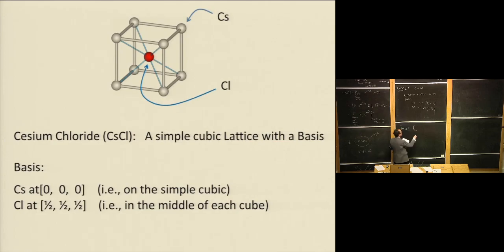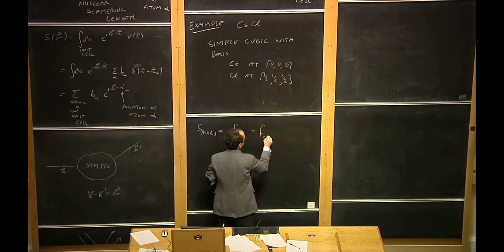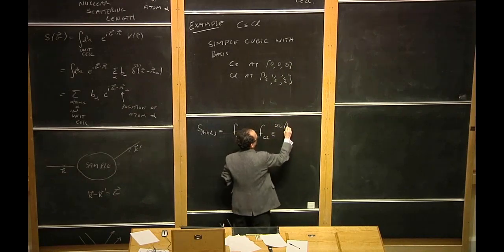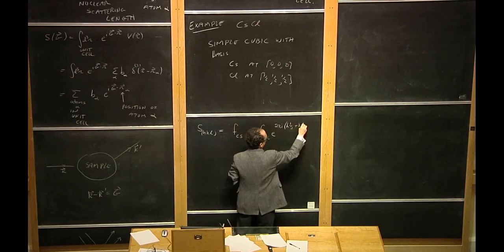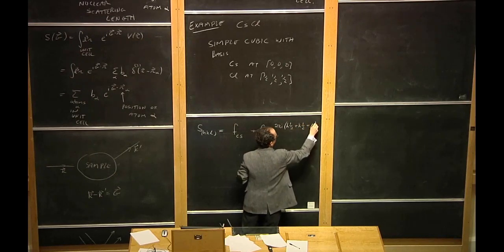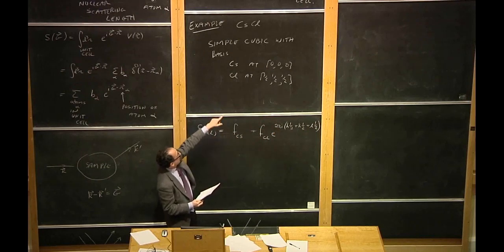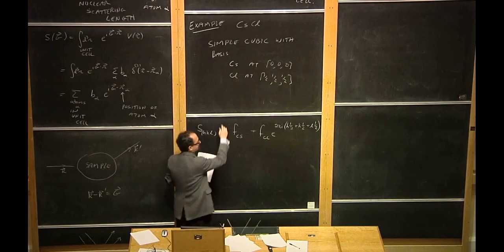Good. And the second term will be f chlorine times e to the 2 pi i, and then we have h times 1/2 plus k times 1/2 plus l times 1/2. Okay, plugging in the position of chlorine, u, v, and w all being 1/2 for chlorine.